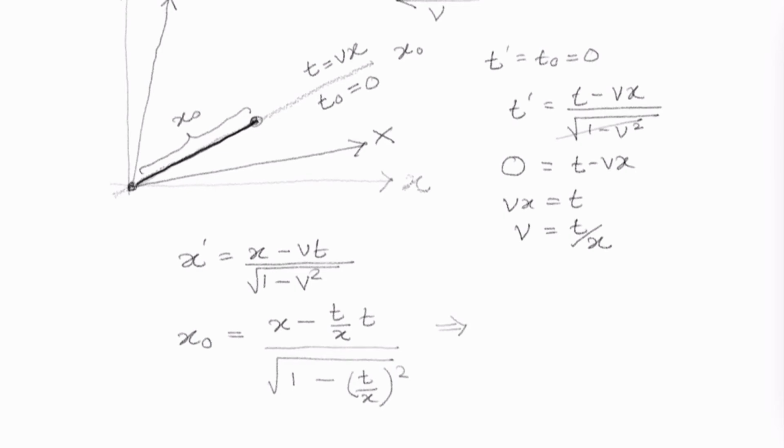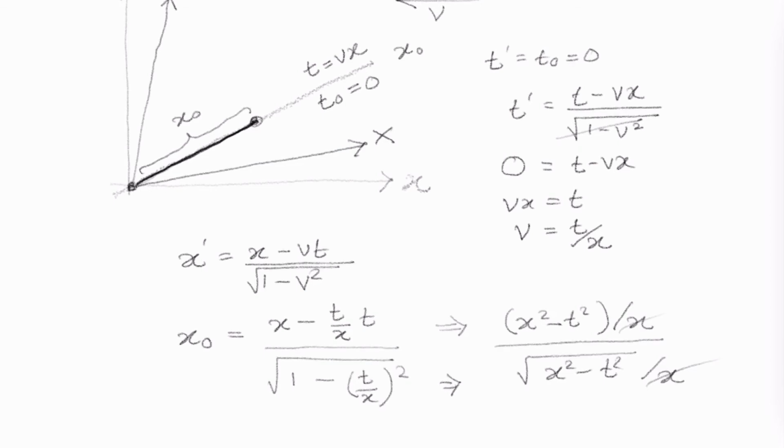So x squared minus t squared divided by x. In the denominator, we'll take x squared out, so it becomes x. Square root of x squared minus t squared divided by x.